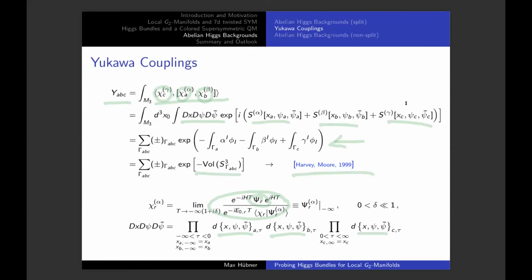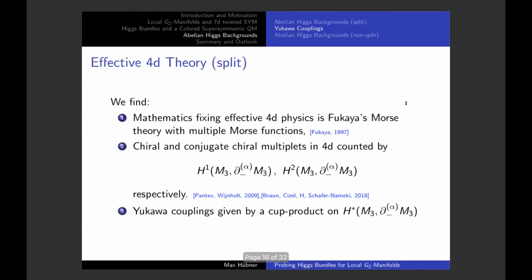Great, so one presses on with the analysis and at the very end finds the following effective four-dimensional theory. So first of all, the mathematics which governs the four-dimensional physics is Fukaya's Morse theory with multiple Morse functions. The spectrum is determined by the Morse theory of each of the individual Morse functions and determined to be given by these cohomology groups.